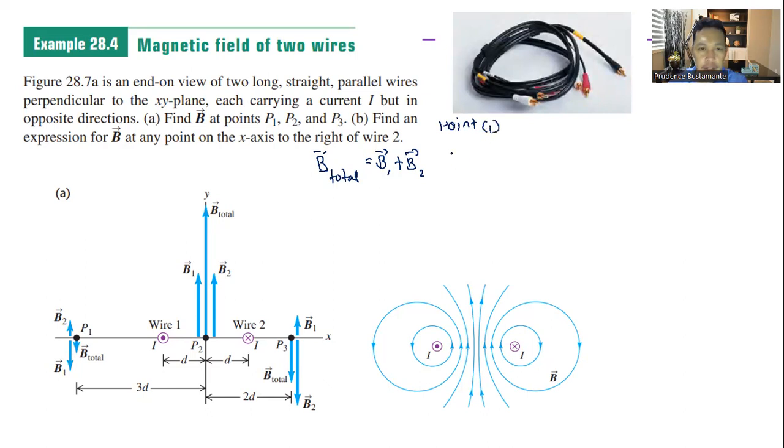The first field is in the negative j direction and the second one is in the positive j direction. So we have B1, which is negative mu naught I over 4 pi times the distance here, which is equal to 3D.